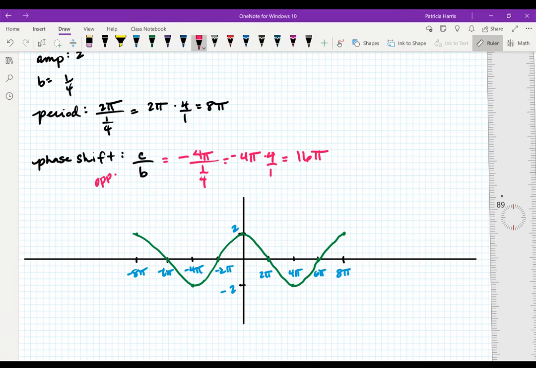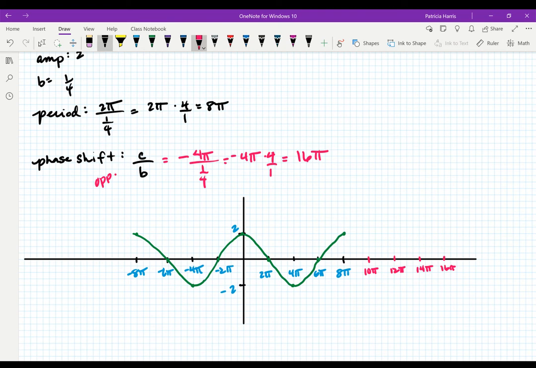So notice that each of my tick marks is 2. So I'm going to do this. So now I'm going to go 10, 12, 14, 16 pi. Okay.